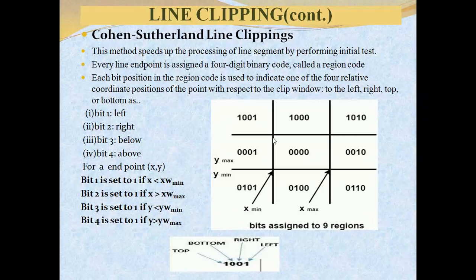Bit 1 is set to 1 if x is less than xw min. Bit 2 is set if x is greater than xw max. Bit 3 is set if y is less than yw min. Bit 4 is set if y is greater than yw max.